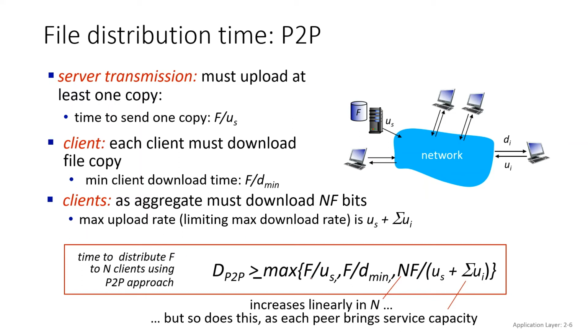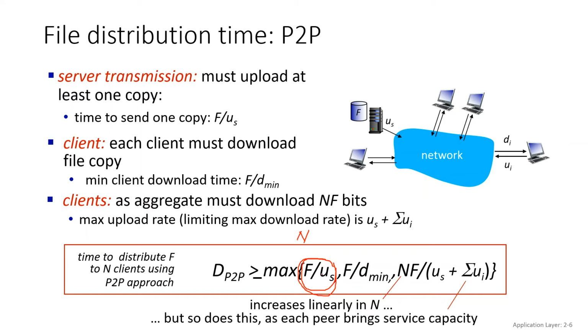Now, why am I saying that? So here, what do we have? We have the time to send a file from one computer to at least another one. Remember, in the client server application, we have a linear growth of this particular entity, but here it's at least one user.